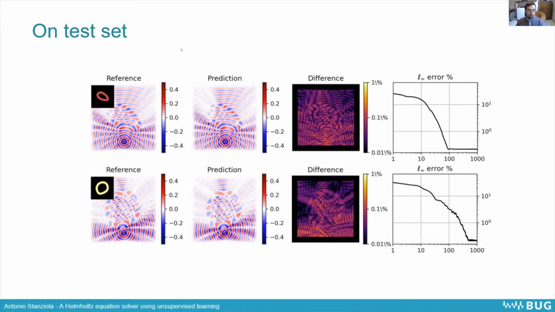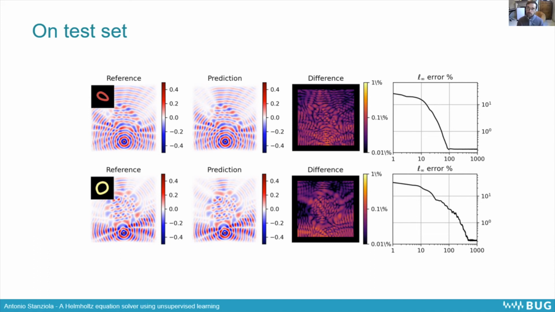And it actually does. So if we compare the reference wave field coming out of K-Wave for this specific speed of sound and the prediction, we see that the difference after 1,000 iterations is well below 1%. So from the point of view of the physics, we have kind of learned to solve the problem on the test set.